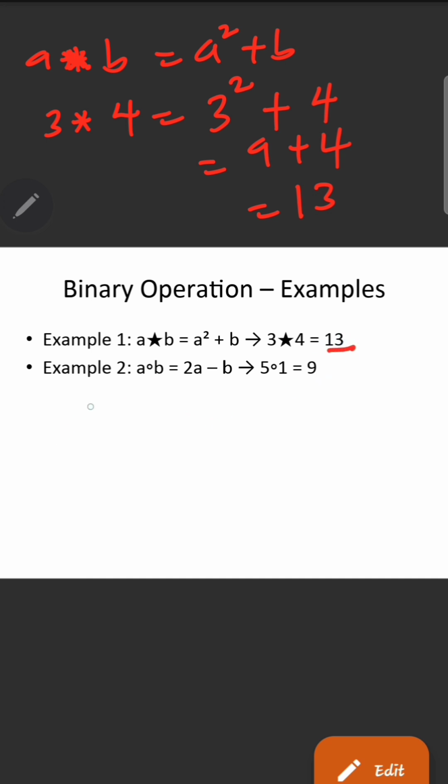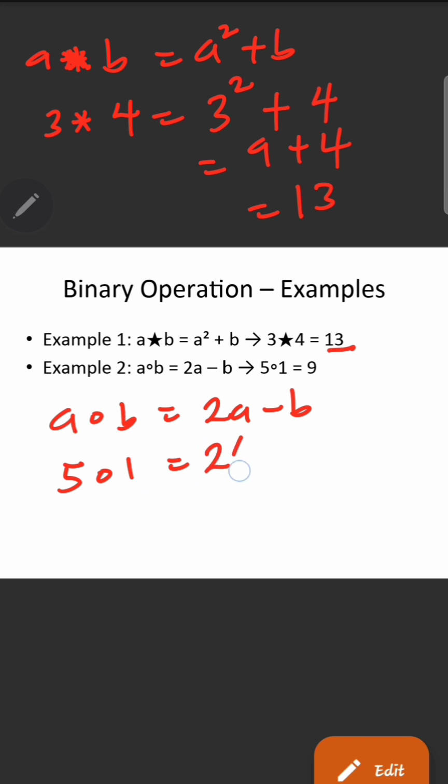Example 2. We are given another operation. A operation B equals 2A minus B. So we have to find 5 operation 1. 5 operation 1 means A is 5, B is 1.